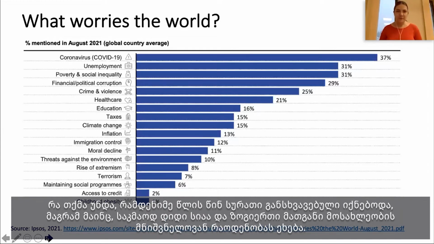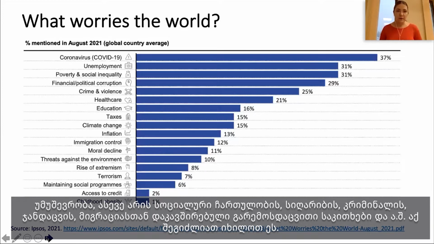A few years ago, the picture would have been different, but still there is quite a huge list, and some of them concern significant amounts of population. So unemployment, there are some issues related with social inclusion, poverty, crimes, healthcare, the environmental issues, issues related with the migration, etc. You can see it here.